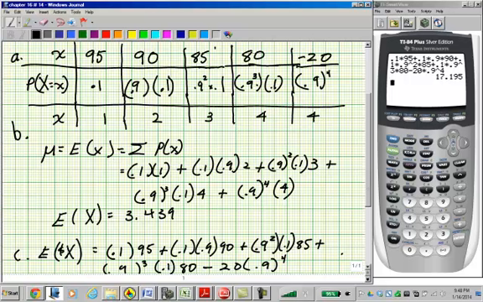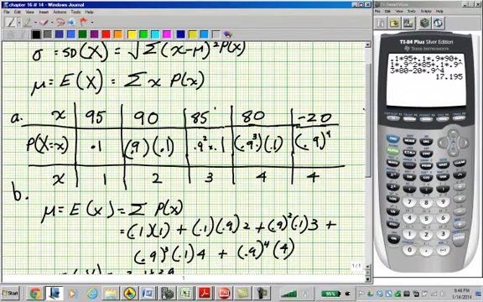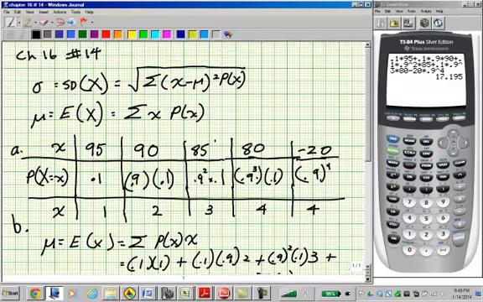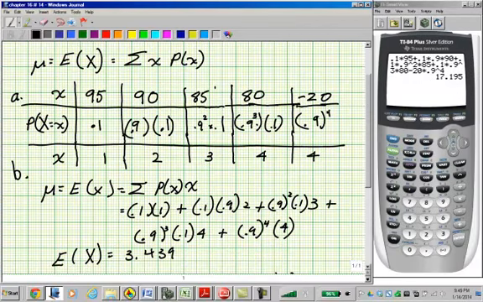Well, that's simply the sum of the probability of X times X. Okay? So the probability of 1 throw is 0.1. The probability of 2 throws is 0.1 times 0.9. The probability of 3 throws is 0.9 squared times 0.1.